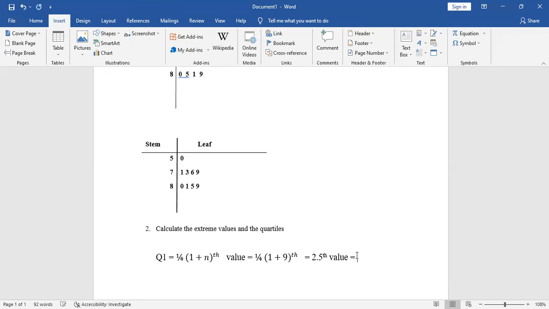Then I'll add these two and divide by 2: 71 plus 73 gives me 144, divided by 2 is 72. So the first quartile is 72.